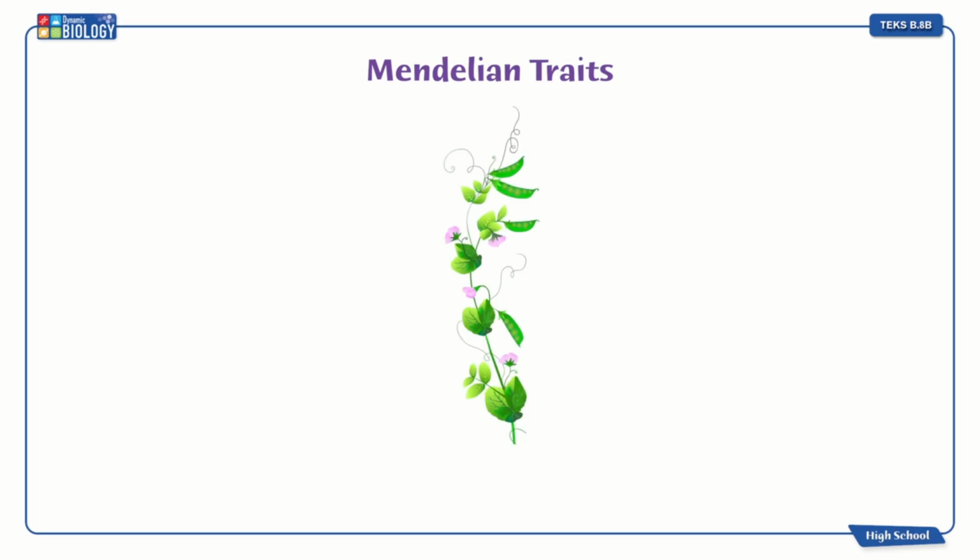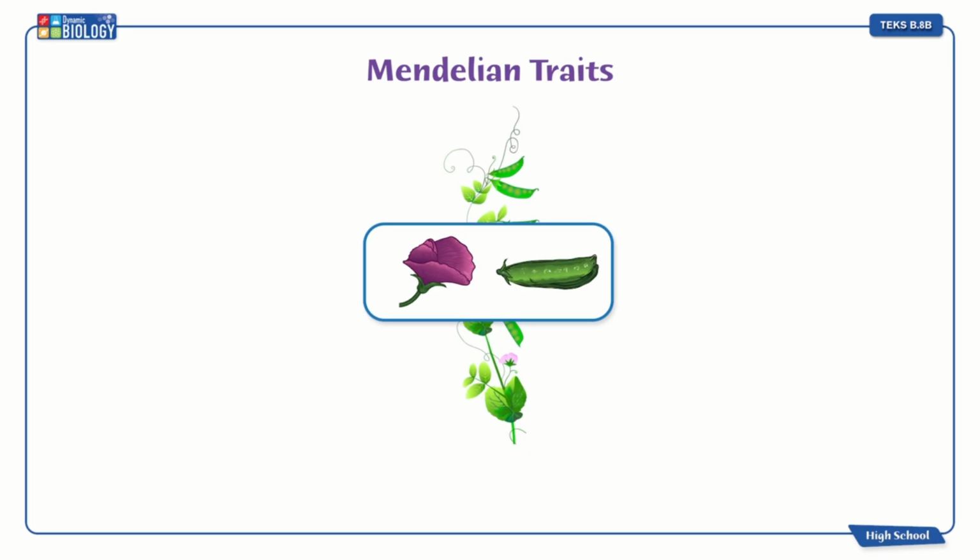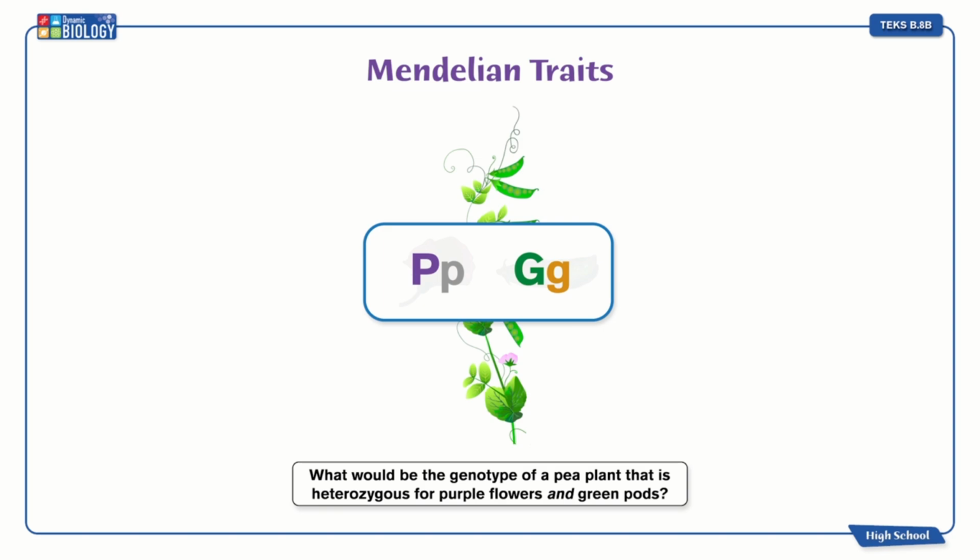But what would be the genotype of a pea plant that has purple flowers, green pods, and is heterozygous for both traits? Simply put the genotypes of the two traits together.